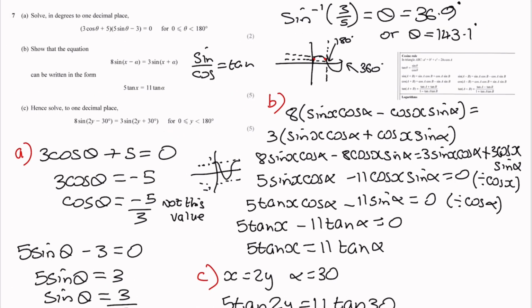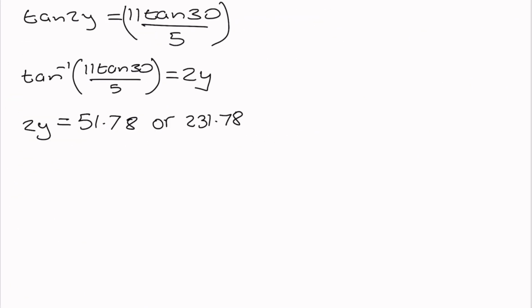So when we half it, it then is less than 180. So now y is going to be equal to 51.78 divided by 2, which is 25.9 to 1 decimal place, or 231.78 divided by 2 is 115.9, also to 1 decimal place.